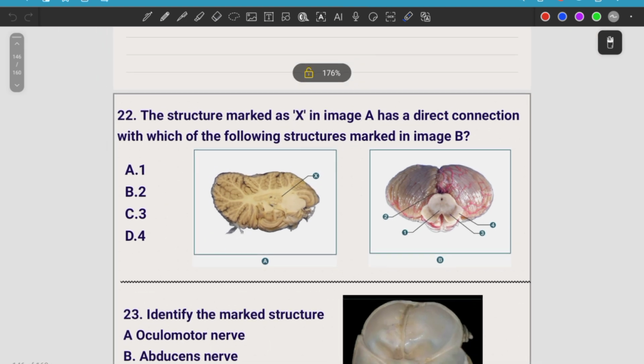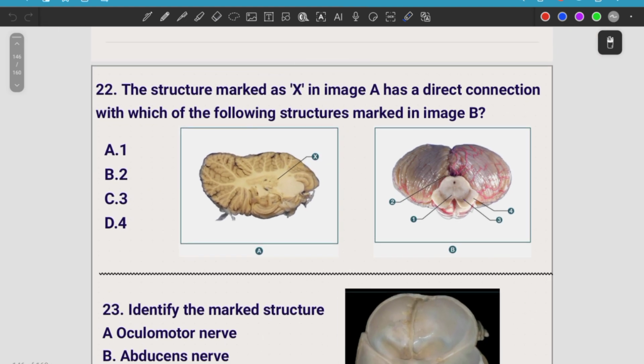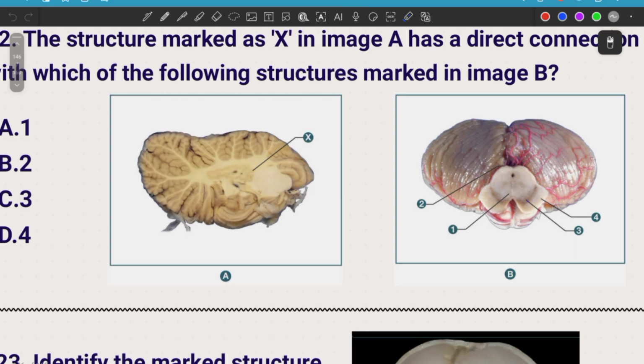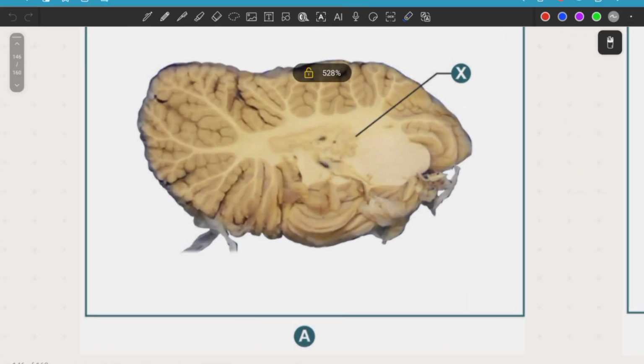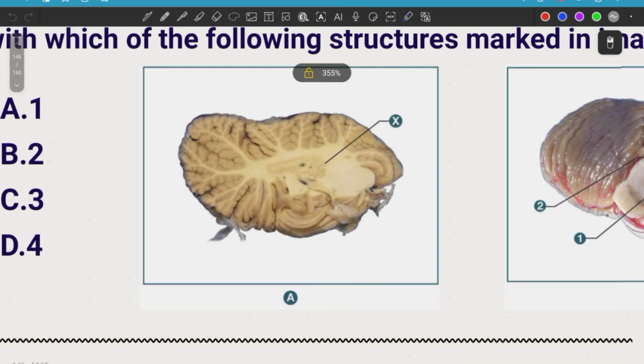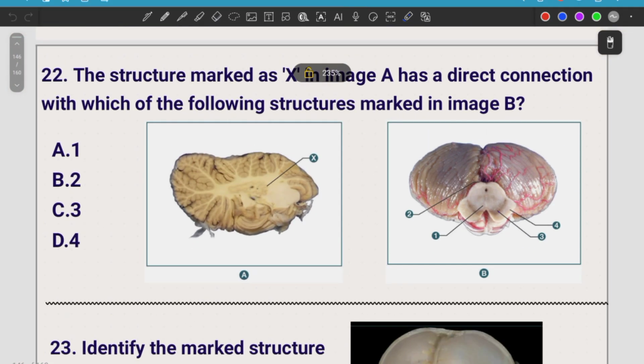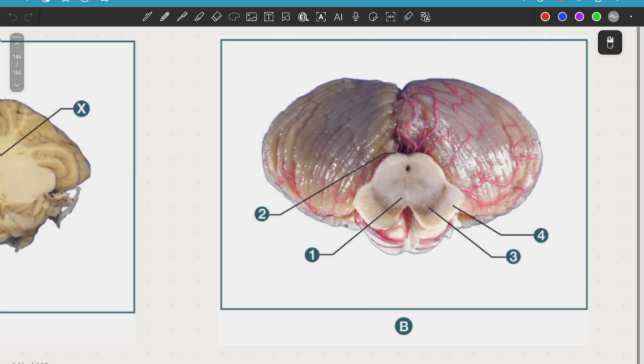Which is that? We have to know. This is the cerebellum. This is the dentate nucleus. This has a direct connection to the red nucleus in the midbrain. Which structure? That is red nucleus.